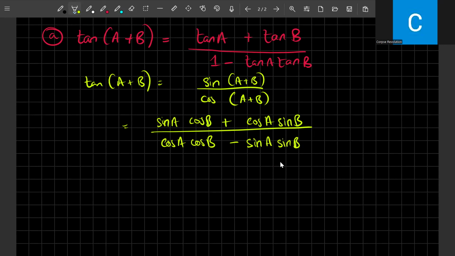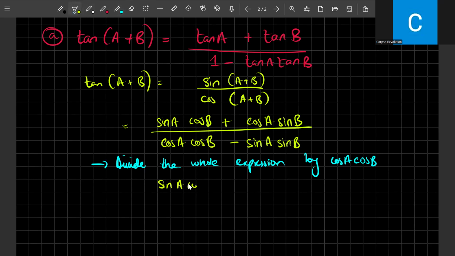Now notice that this identity cannot be solved further. So what we are going to do is divide the whole expression by cos A cos B. Let's just do that and see what happens.